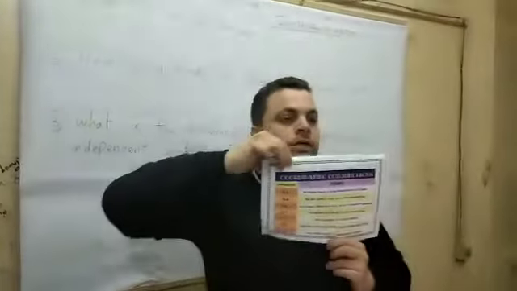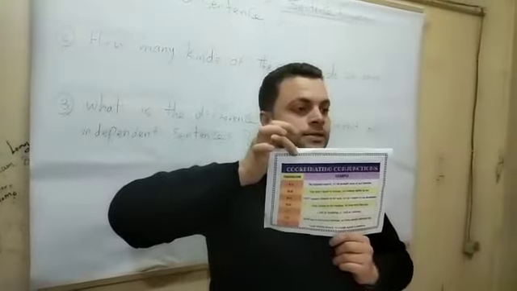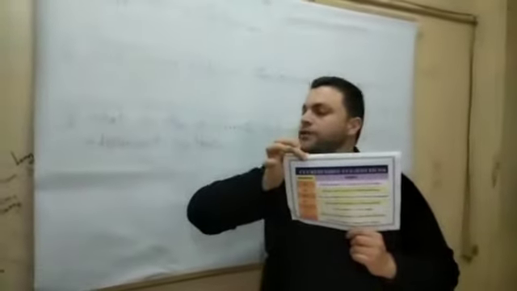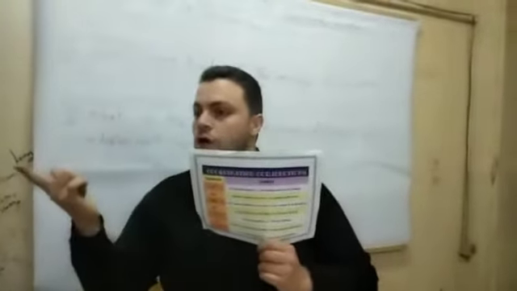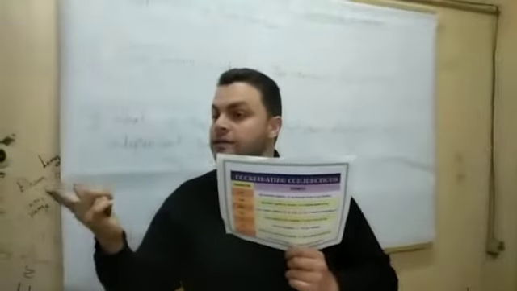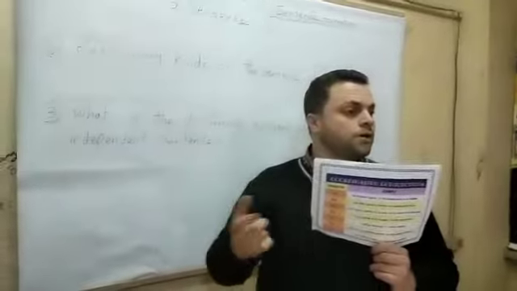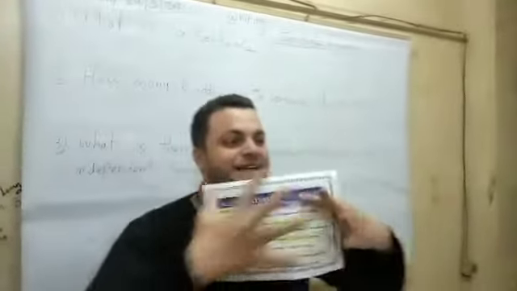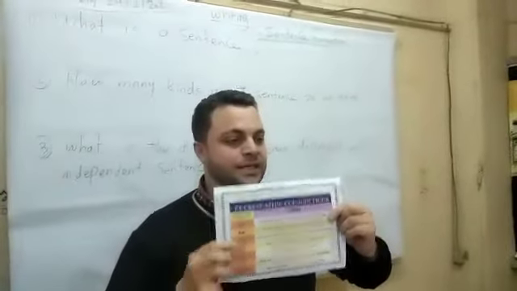Number one, coordinating conjunctions, fanboys: for, and, nor, but, or, yet, so. Fanboys are coordinating conjunctions.